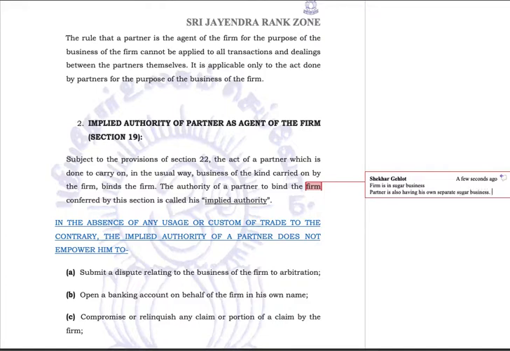So, whatever this partner is dealing in his own sugar business will bind the firm as well. Okay, it will impliedly bind the firm as well. Though right now he is not acting for the sugar business of the firm, he is acting for his own sugar business, because he is the partner of the firm, his actions here will bind the firm there because they are all in the same business. Okay.